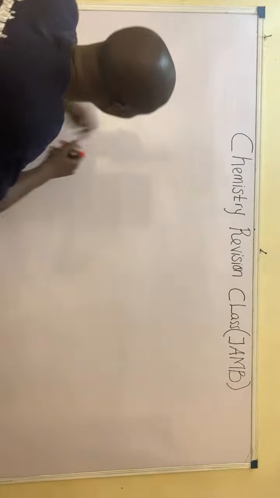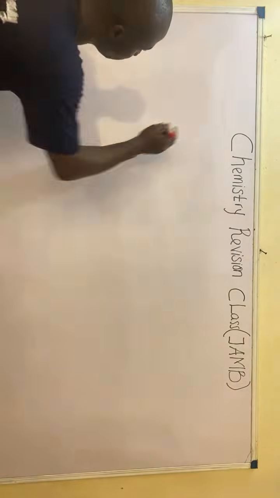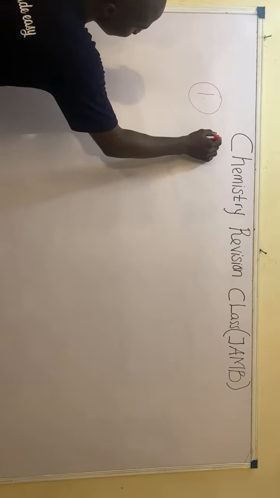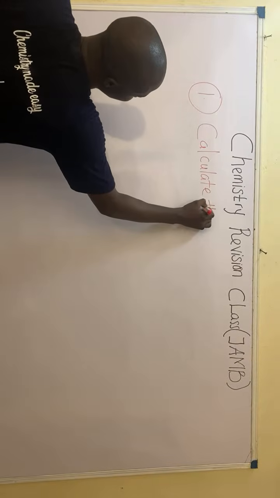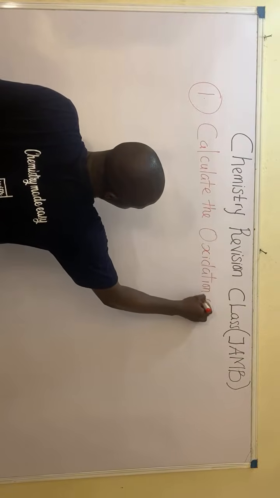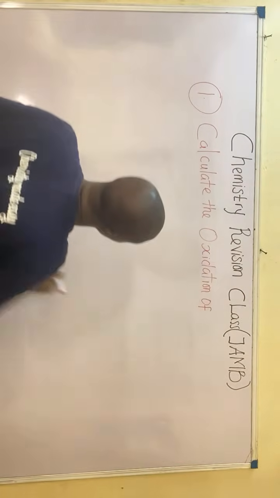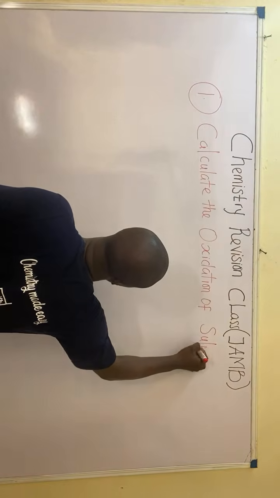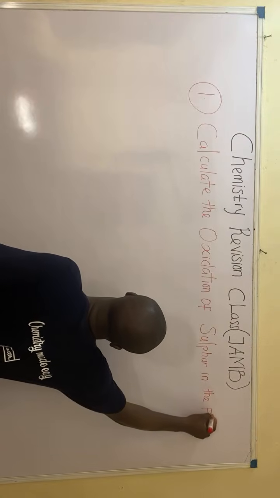Okay, so now let's say you come across this question in the JAMB exam. Here's the type of question you'll be asked. For instance, question number 1, you will say: calculate the oxidation number of sulfur in the following.